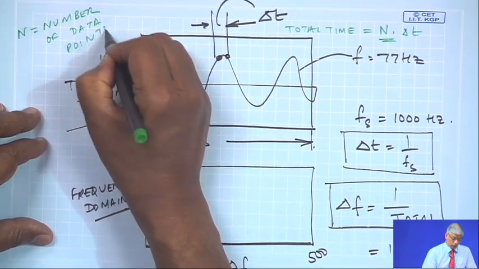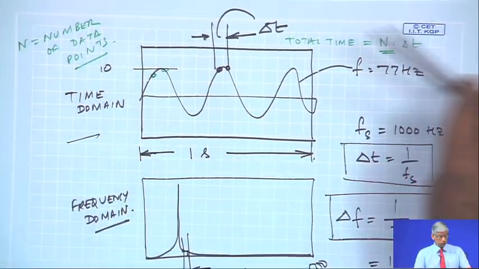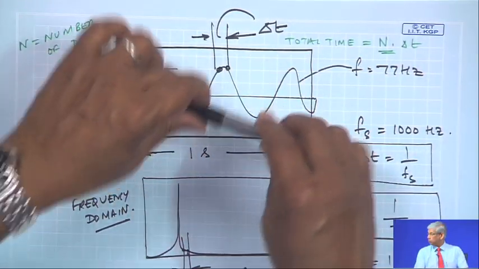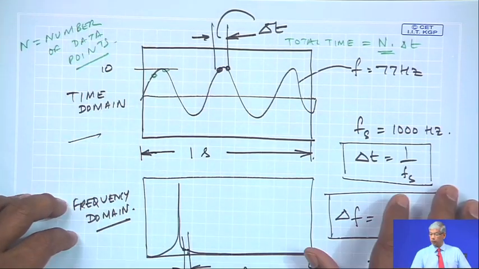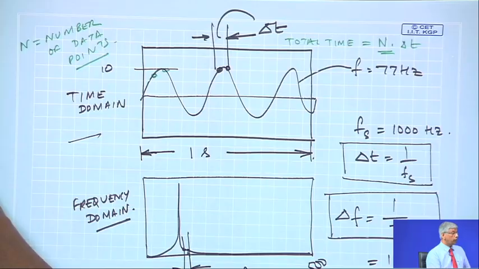Of course, I have not talked about windowing etc. That is for a later course, but this is something we need to understand in terms of the frequency content. Okay. Now, I will move to the next.